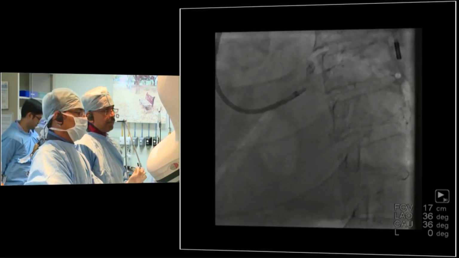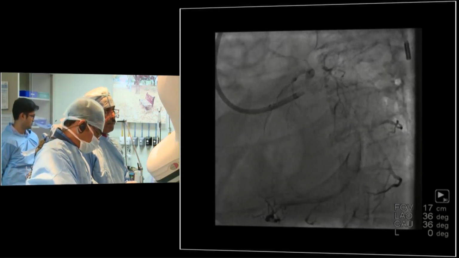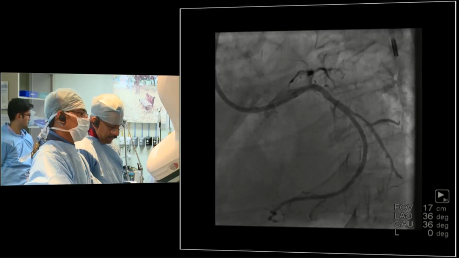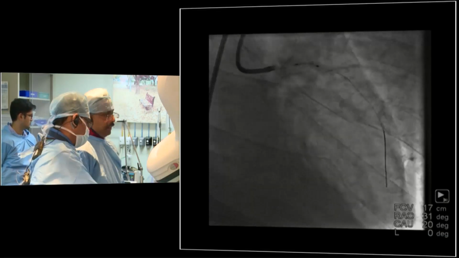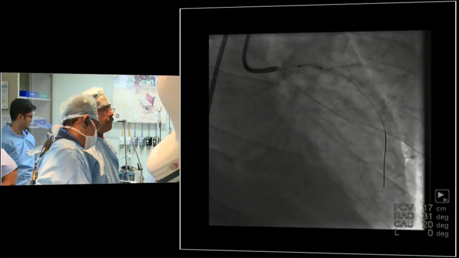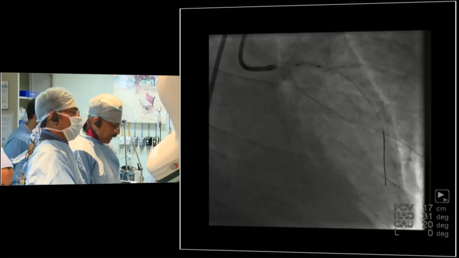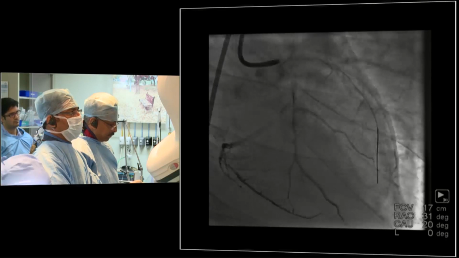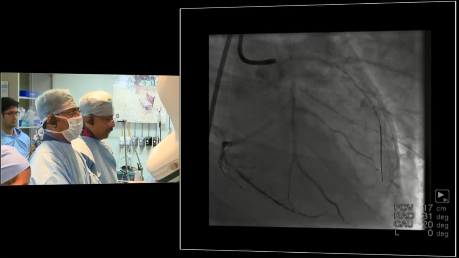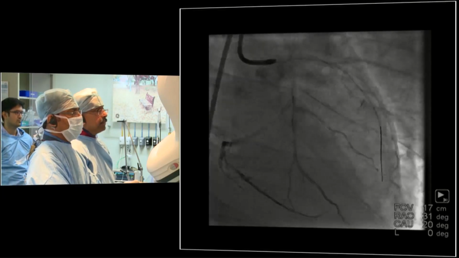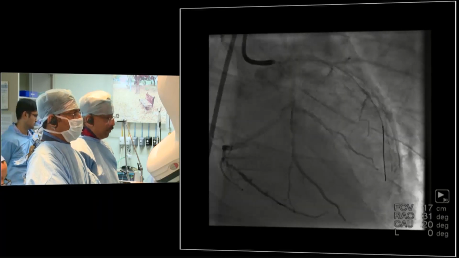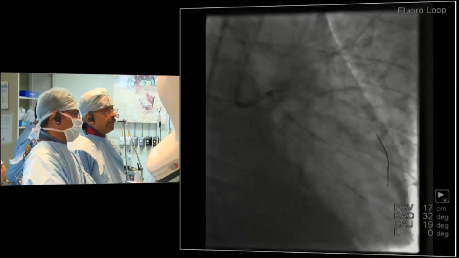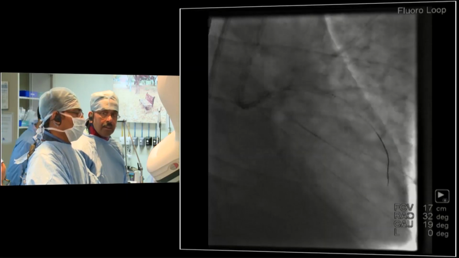So what I have done now is, after putting the pump, we passed the wire into the LAD and pre-dilated. Can you show the pre-dilatation pictures with a 2.0 non-compliant balloon? Can you show the balloon? And you can see clearly with the balloon that... go back.